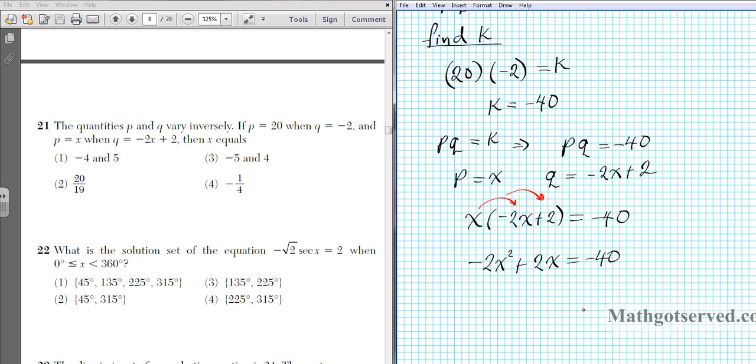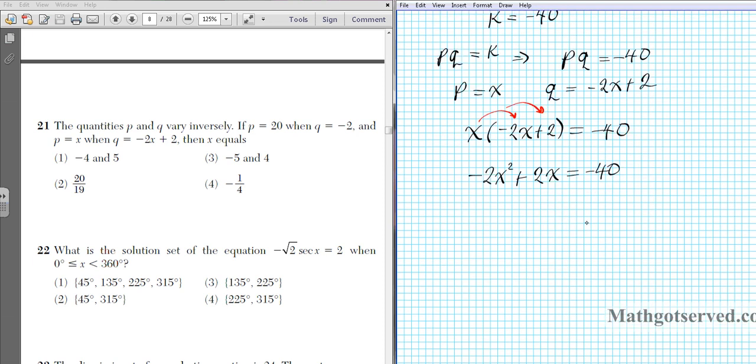Now I like to factor by grouping, but before we do that, we have to put this in standard form. So add 40 to both sides to have negative 2X squared plus 2X plus 40 equals 0. Because if I add 40 here and add 40 here, this cancels out and you have that.